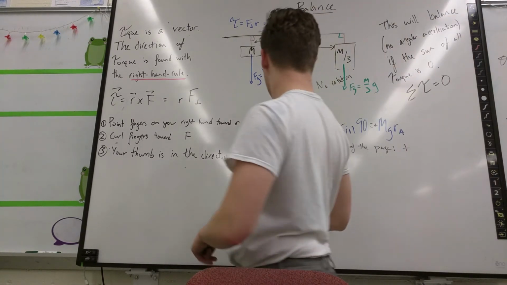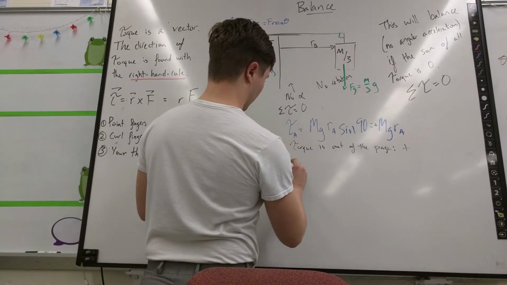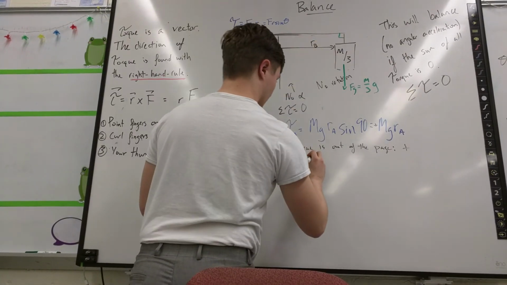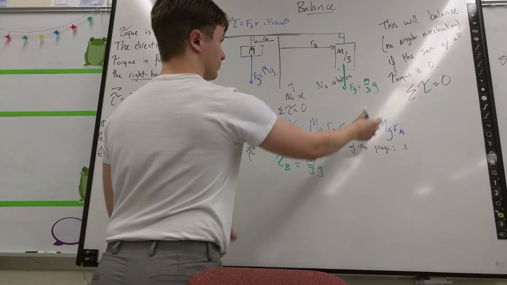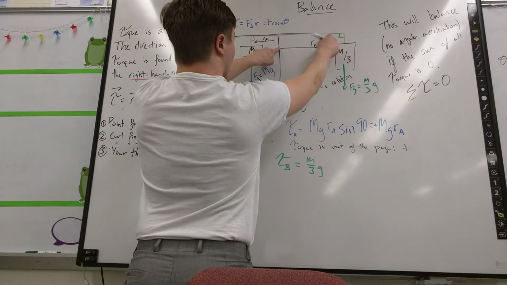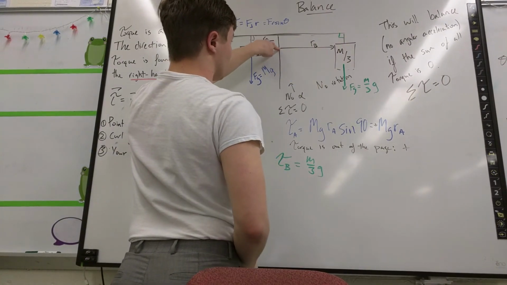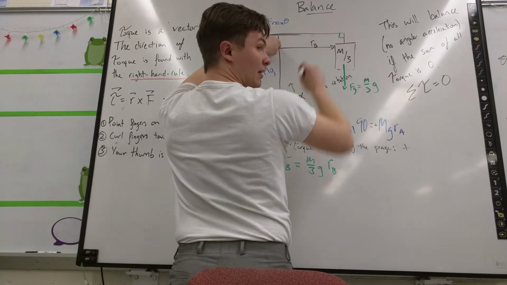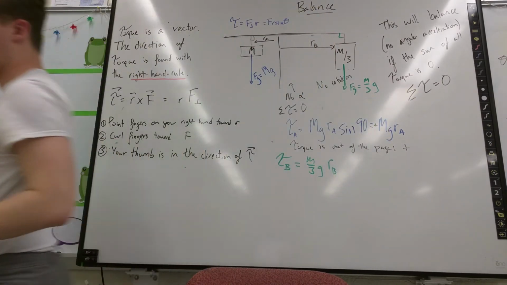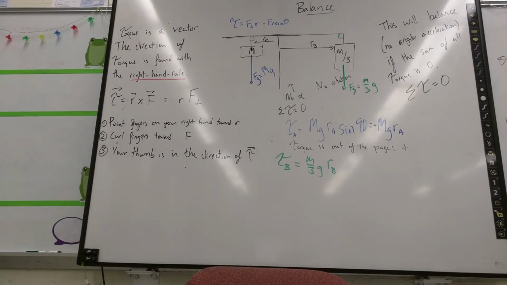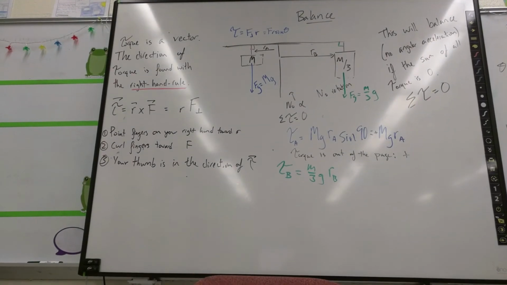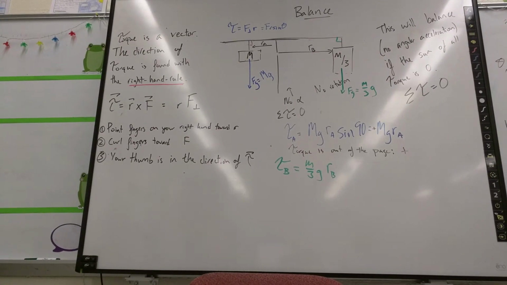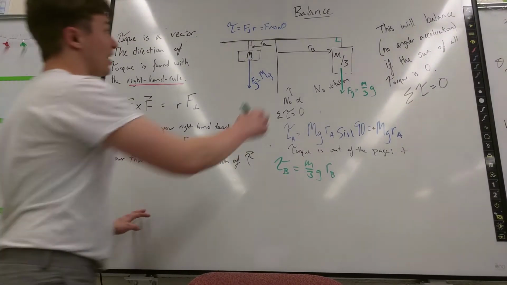So if I'm solving for the torque of B, I have my force, m over 3 times g, times the radius away from the axis of rotation, RB, times the sine of the angle between them.